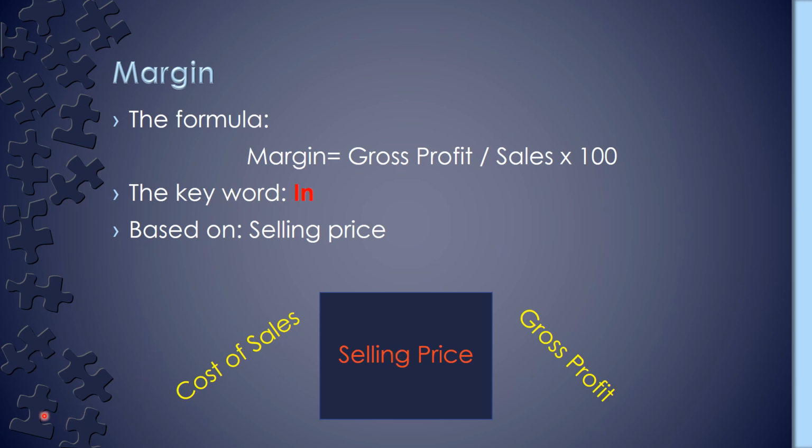So for margin, the cost of sales is going in and the gross profit is going in. Therefore, if you're using sales in your formula, then you must be using the margin. So in means everything in: cost of sales is in, your gross profit is in, and that makes up your selling price. So therefore you base it on sales.